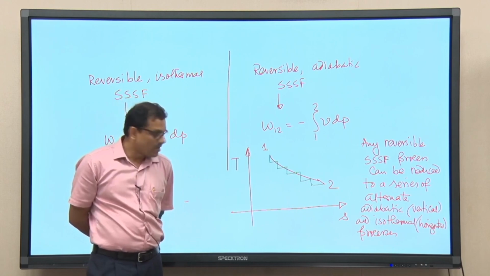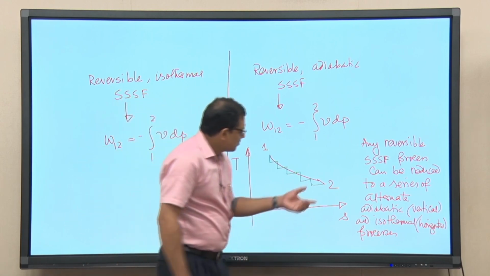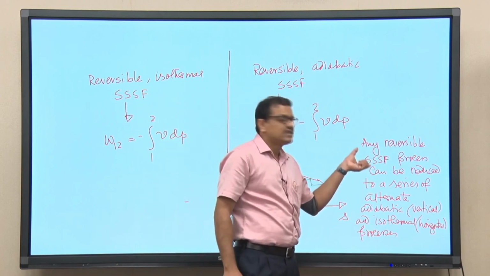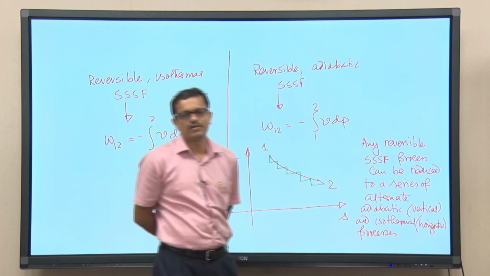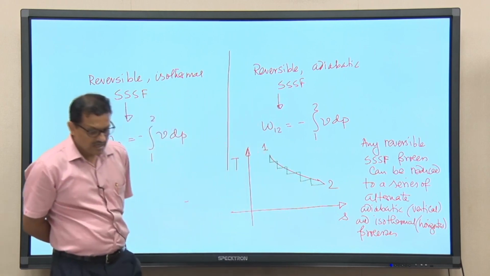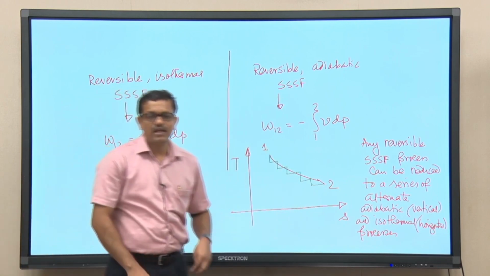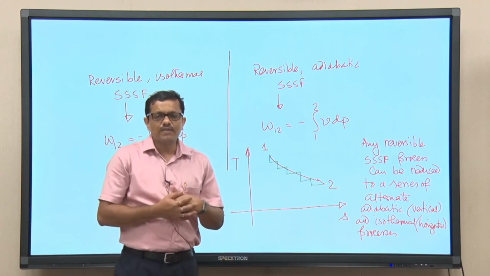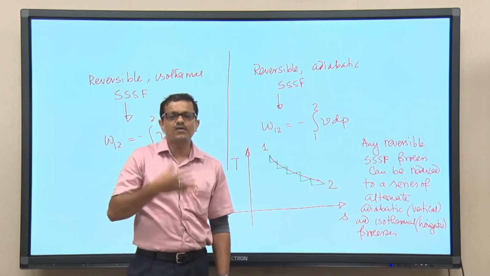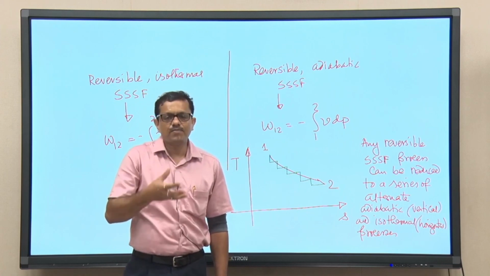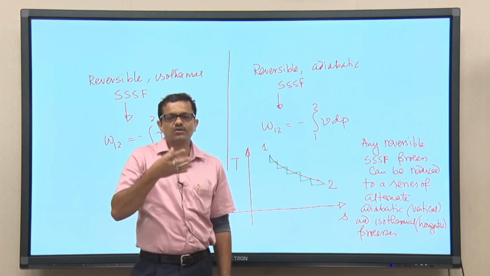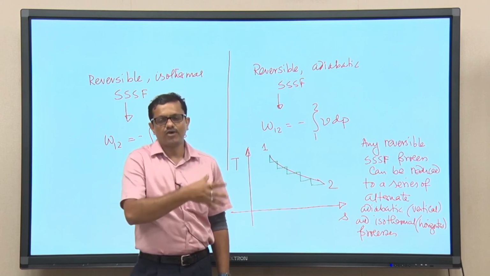From there we could conclude that any such process can be reduced to a series of alternate reversible adiabatic and reversible isothermal processes. So, this exercise will give us a clue about the mathematical form of the work which is needed to add to the pump for supplying the condensate from the condenser to the boiler.